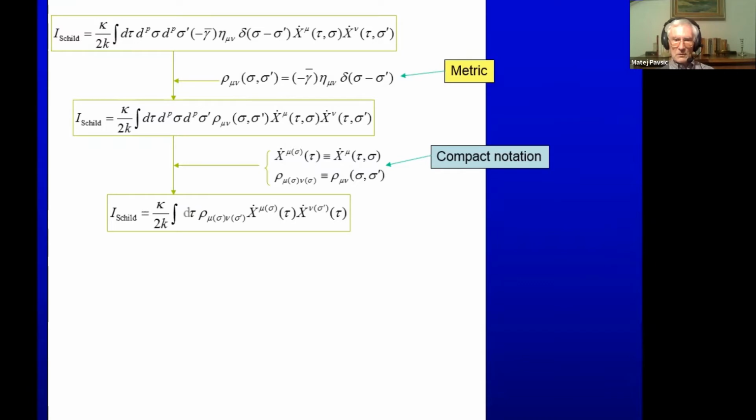So in this way, we arrive at the coordinates. And we also write the metric in this way. So this expression here is then written in this way, which is just an extension of the usual tensor notation from finite dimensions to infinite dimensions.